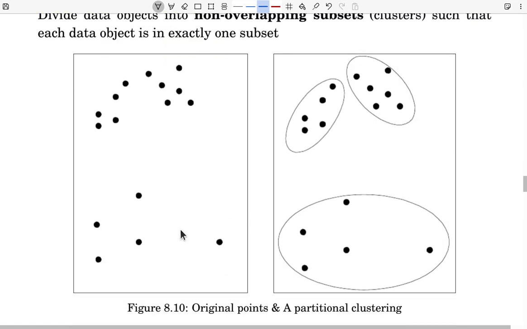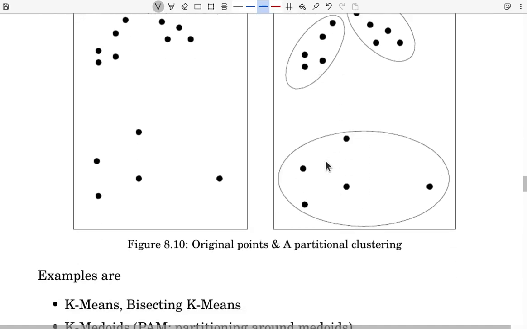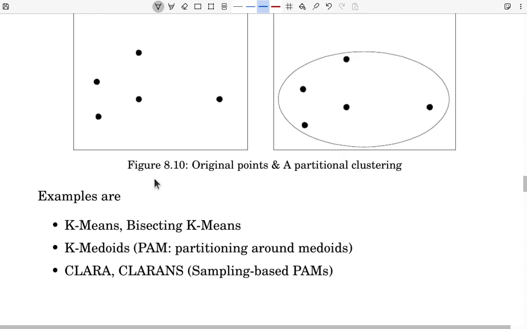Here, for this data set, we are making 3 clusters so that each point belongs to only one cluster. So that is partitional clustering. And examples are here: k-means and bisecting k-means.